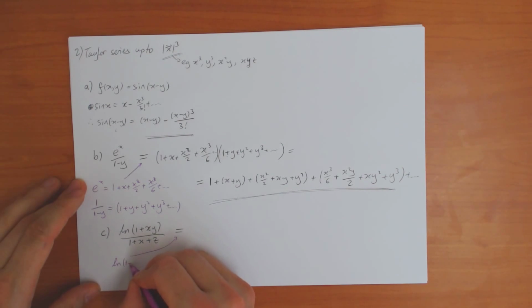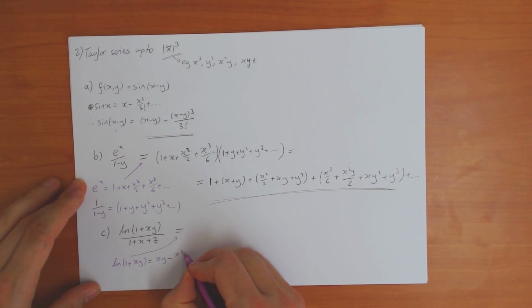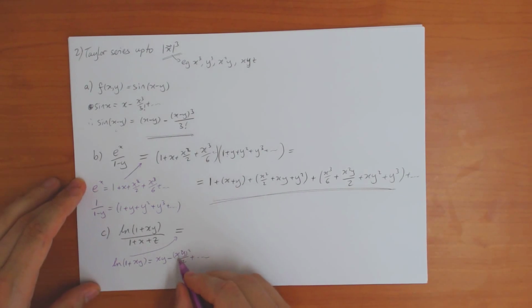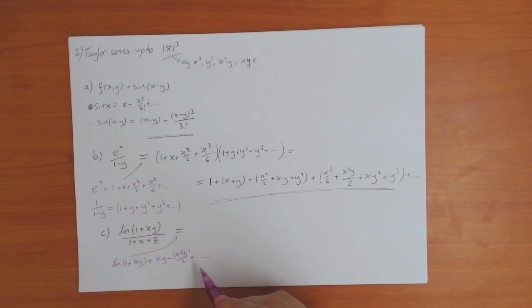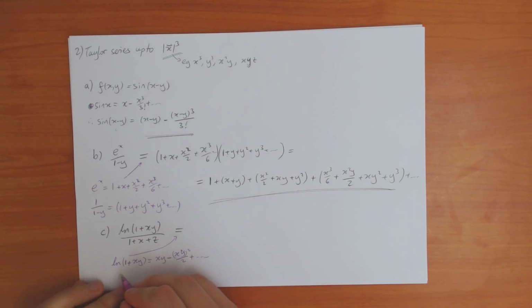Log of 1 plus xy is equal to xy minus (xy) squared over 2 plus, and so on. So this is already a term of order 4, right? It's x squared times y squared. So you can ignore the higher terms.